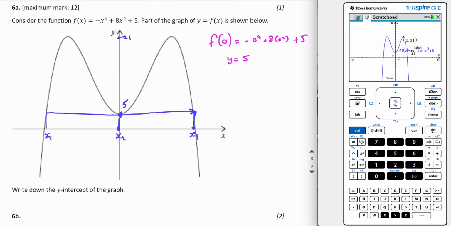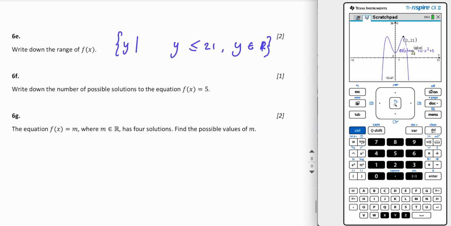So when the output is 5, there are 3 inputs we could have whereby we get the answer of 5. So 6f, 3 solutions.